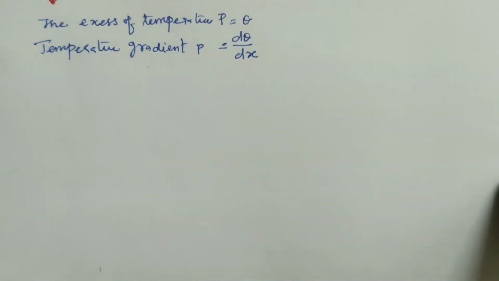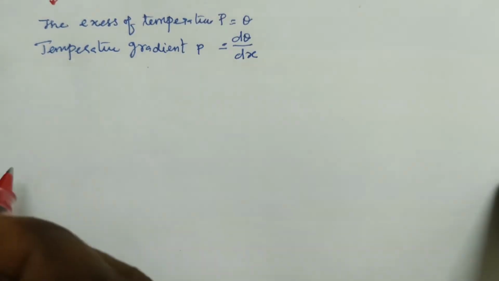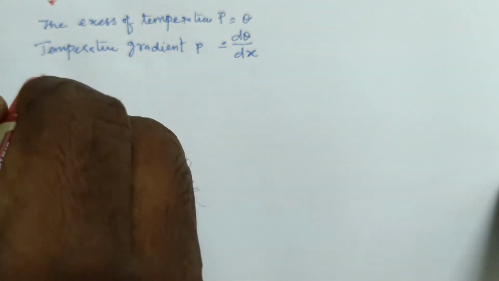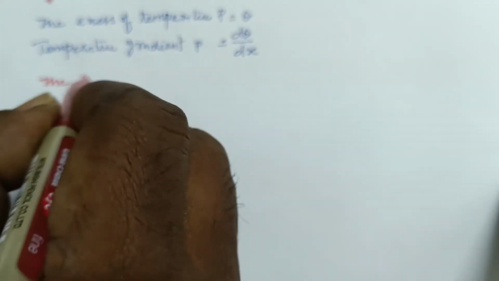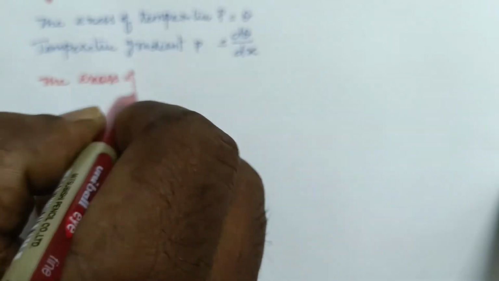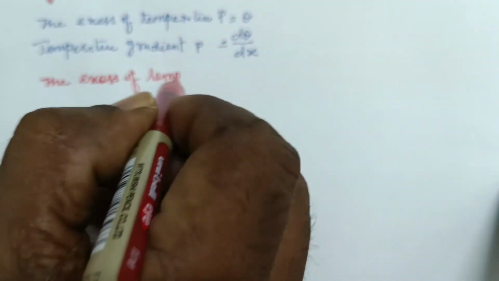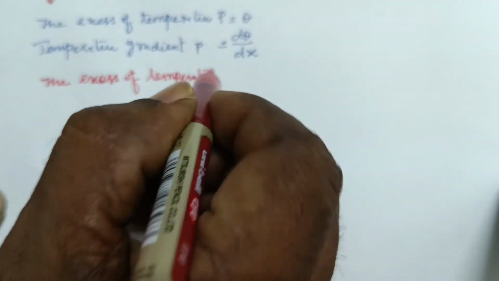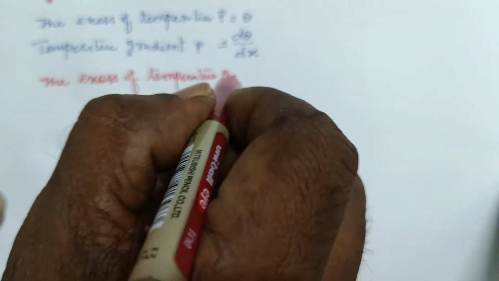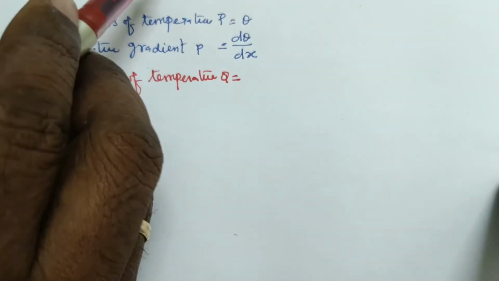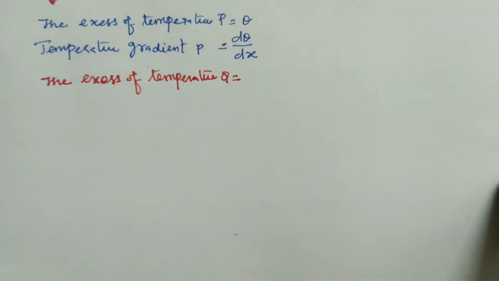Now the excess of temperature at section Q. Q ன்றது second point, P க்கும் Q க்கும் உள்ள அந்த distance தான் dx.